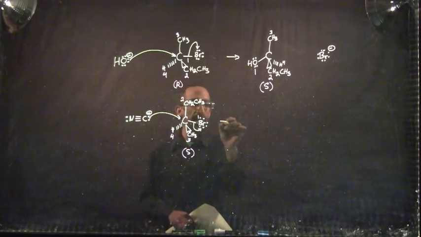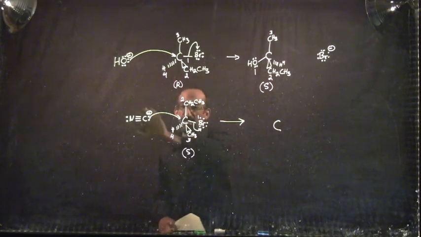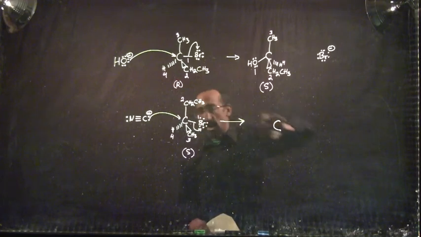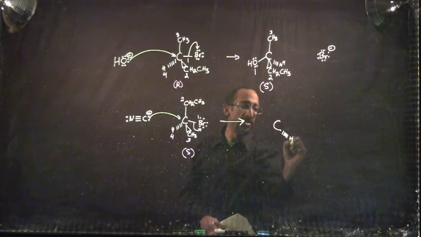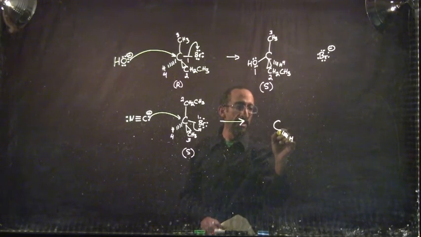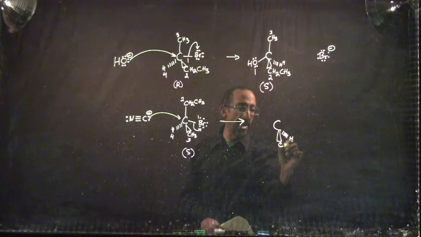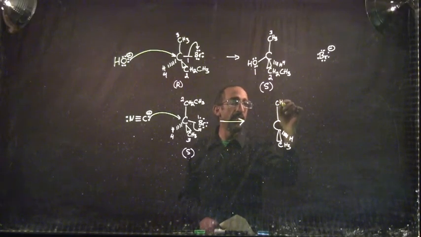When I draw my products, there's my carbon. That cyanide approached, it pushes the hydrogen and the methyl to the other side of my carbon atom. So now my hydrogen is this direction on a hash. My methyl is this direction on a wedge. My ethyl group I keep on an in-plane line.